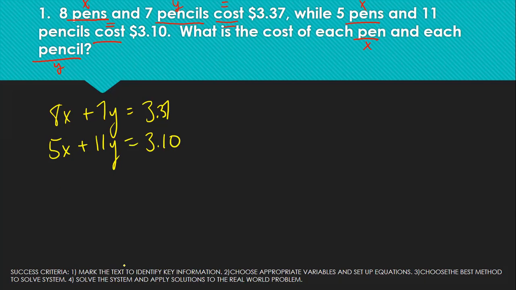Yes. All right. So in this situation, is this a substitution or elimination? Why will we choose elimination? The numbers, right? We have decimals. We don't have a variable that's easily able to isolate itself, correct? So elimination would probably be our best method.